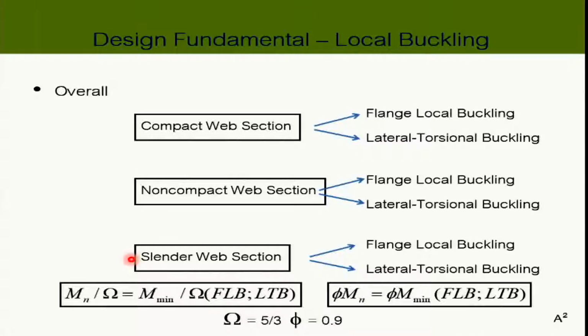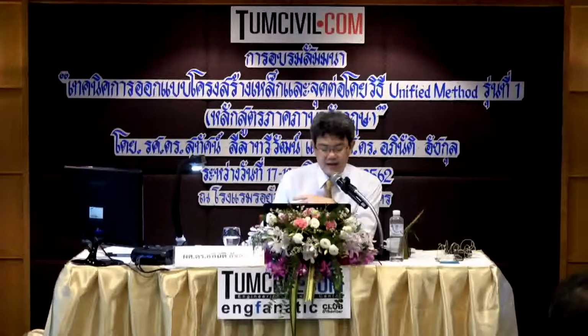If you make a web very thick, it's very heavy. And you should know that we don't gain flexural strength by increasing the web thickness, right? We gain the flexural strength of the beam by increasing the flange. So to make a thick web for a very deep beam is not a very good idea. So that is why they have something like this.